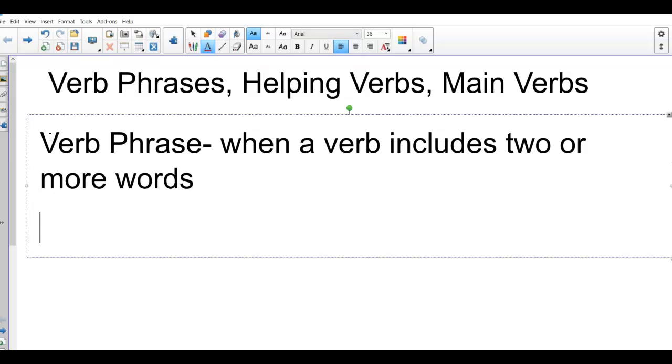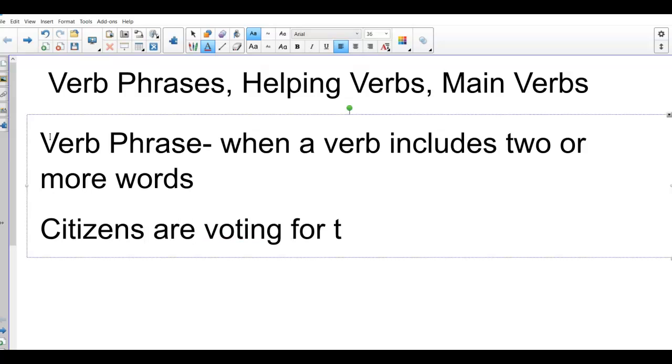You know that a verb is a word that expresses an action or being. We've talked about action verbs. A verb phrase is a verb in which two or more words work together. So, for instance, here's an example: citizens are voting for the next president.